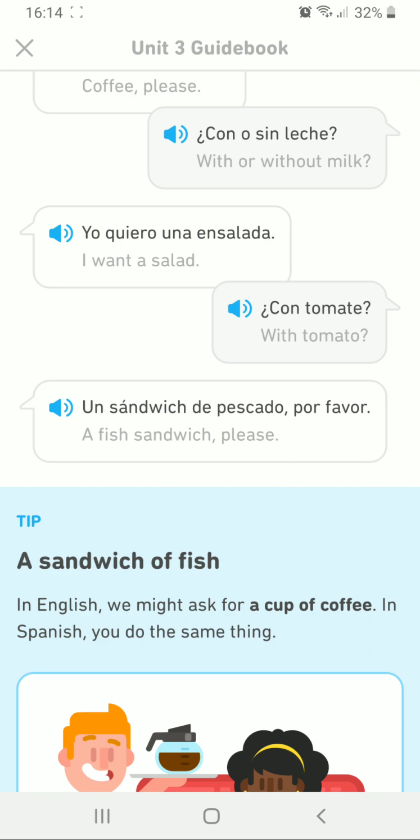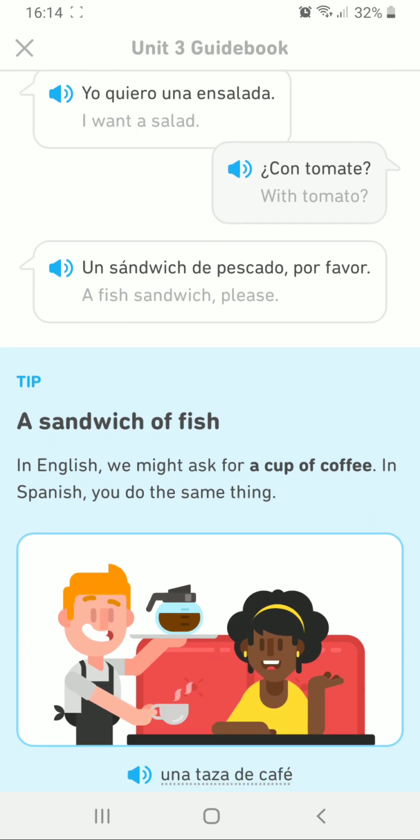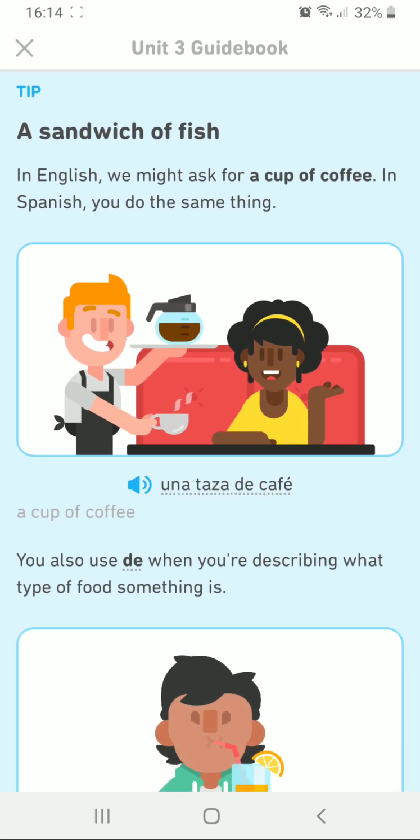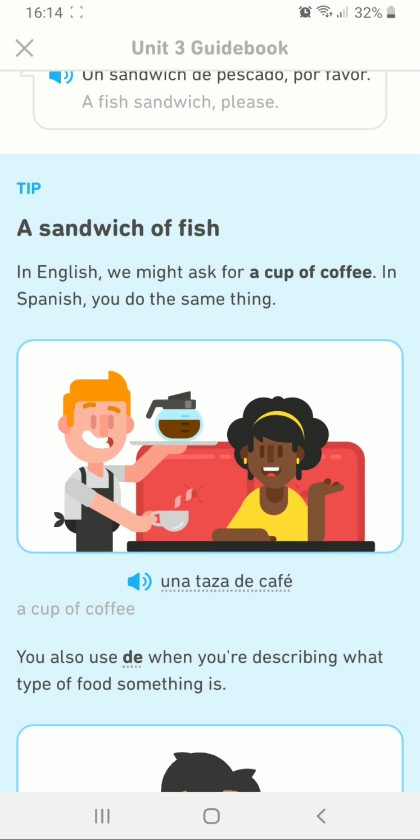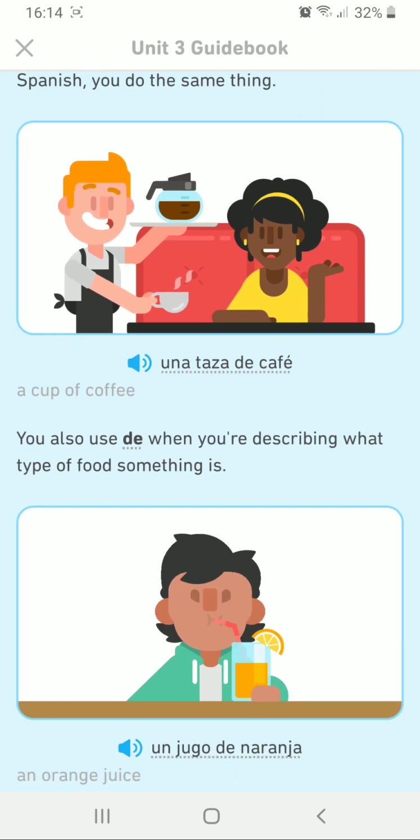And un sandwich de pescado, por favor. A fish sandwich, please. A sandwich of fish. So, de pescado. In English, we might ask for a cup of coffee. In Spanish, you do the same thing at the cafe. So, una taza de café, por favor.